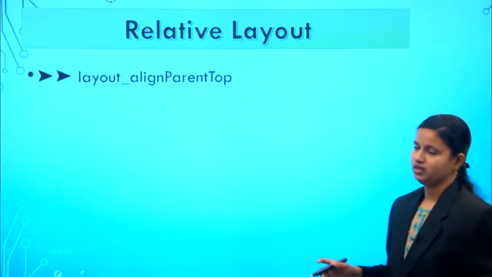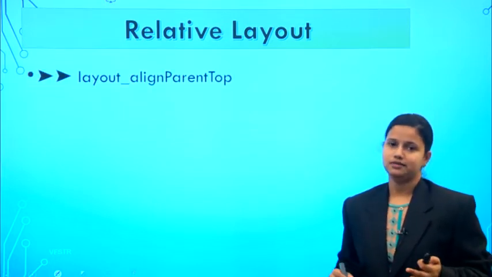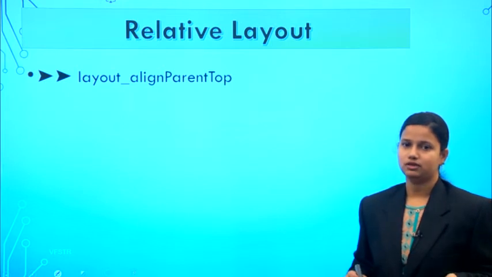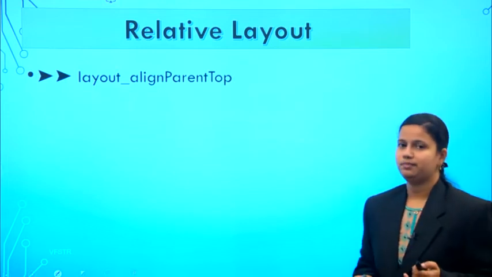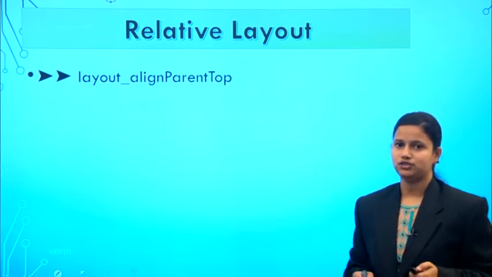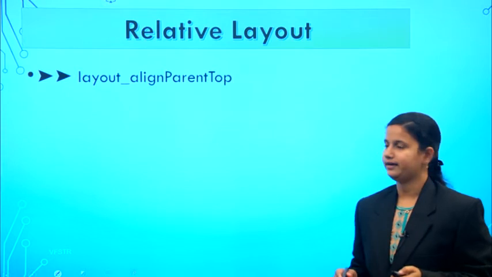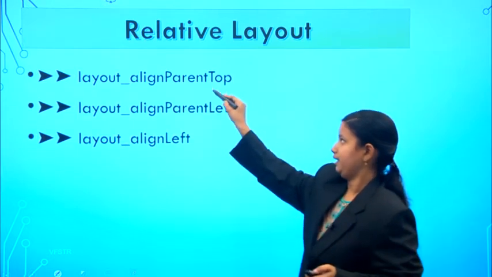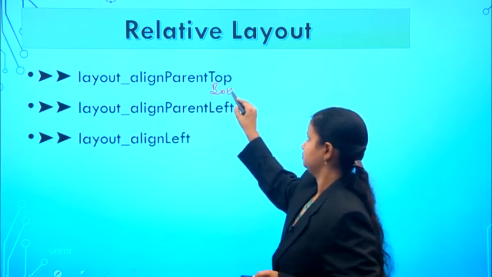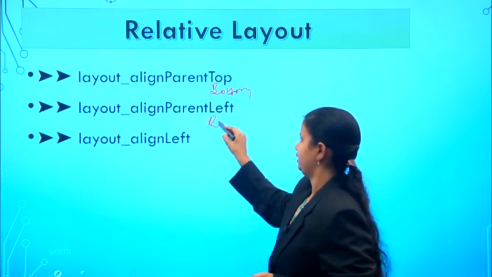And next thing is, in the relative layout they have introduced different properties. One is align parent top. That means within the parent activity you have to arrange your views at the top or right or left: parent top, parent bottom, parent left and parent right.